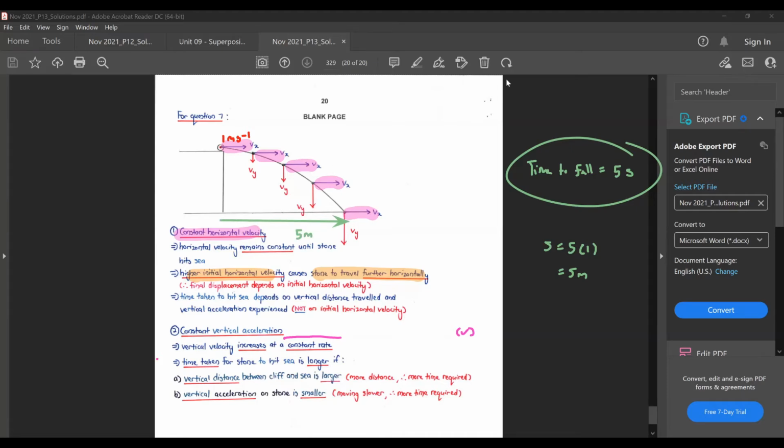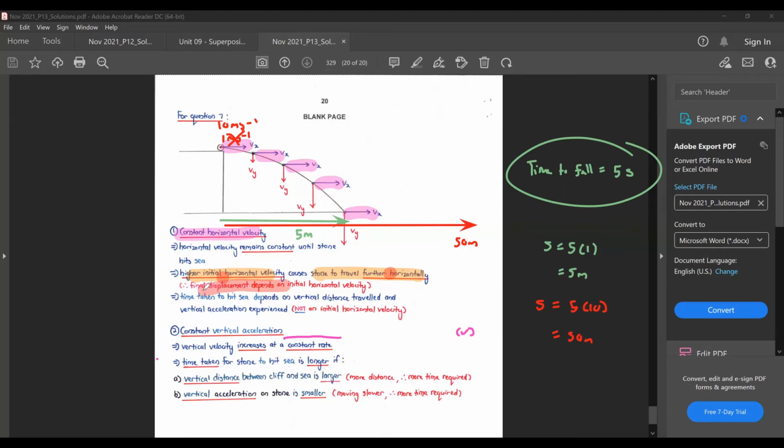But what if I told you that rather than using 1 meter per second, your object was thrown at 10 meters per second? So now your new displacement horizontally will be 5 times 10, giving you 50 meters. So you will end up over here now. So this one will be 50 meters. Okay. So with a higher initial horizontal velocity, your stone travels further horizontally.